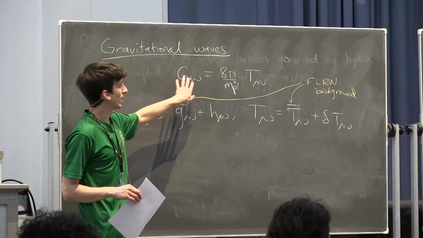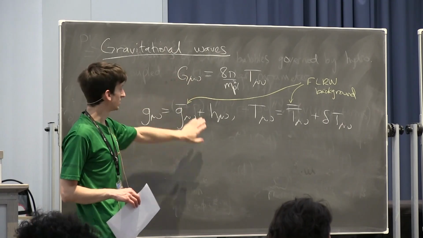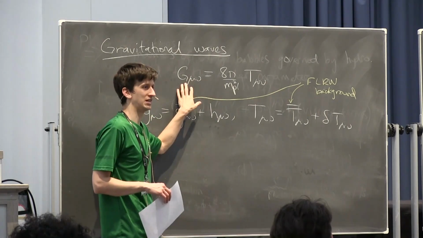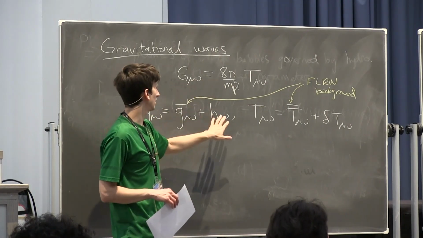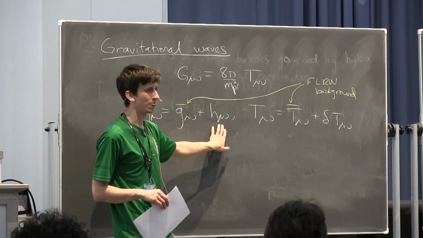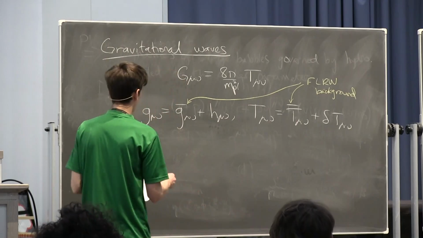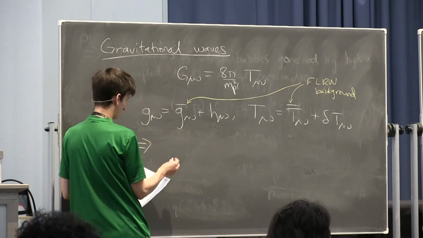Then we can solve this equation. We linearize in the perturbations, and then we just have a linearized differential operator acting on h equals some source. And you can then write the answer in terms of a Green's function.